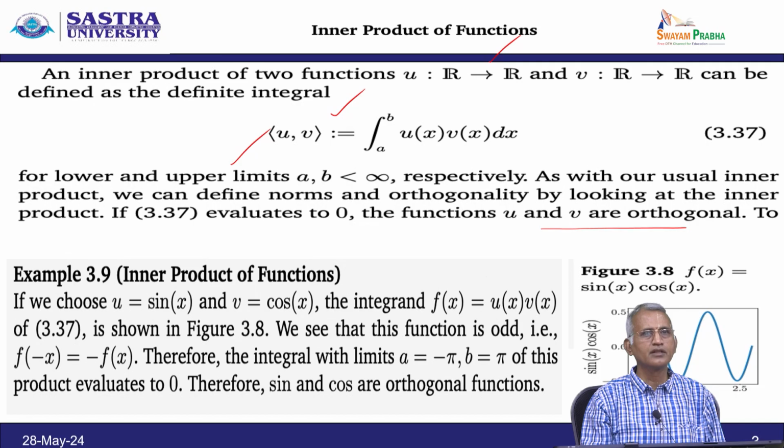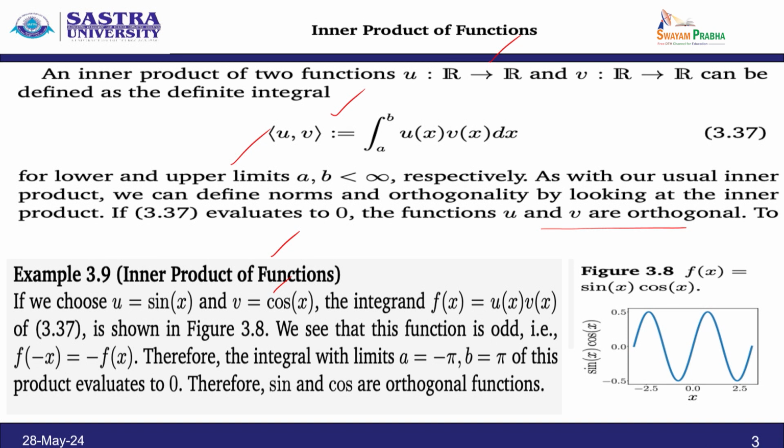Now, we have to discuss an example, the inner product of functions. If we choose u equal to sin x and v equal to cos x, then f of x equal to u(x) times v(x) is shown in figure 3.8.